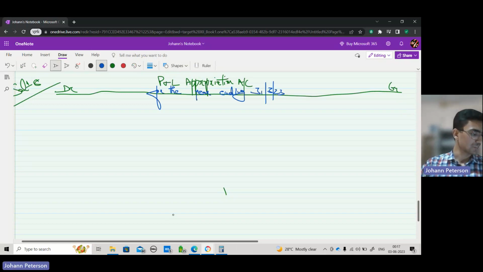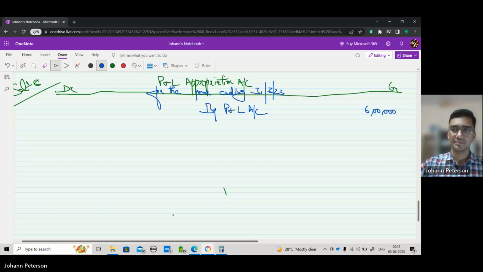So when we have this line mentioned, we write this on the credit side. So by P&L account, and we're going to write 6 lakh here. So what is being said in this?